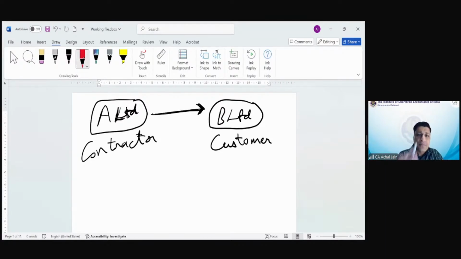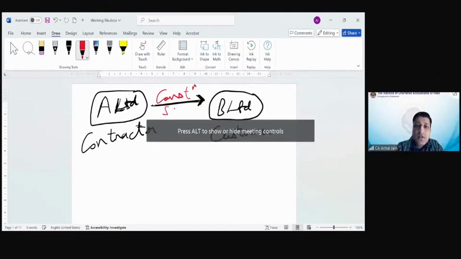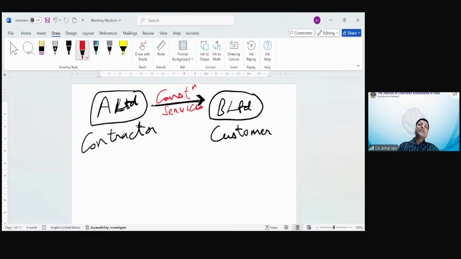Yes or no? And in return, what will B Limited provide to the contractor? Can you tell me? Over to you quickly. What do you think?